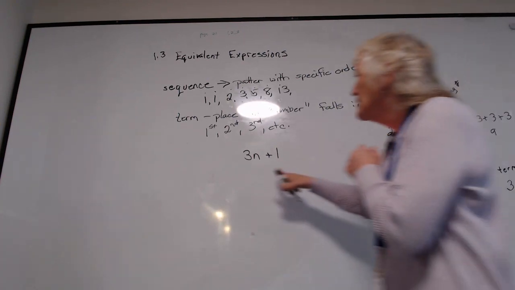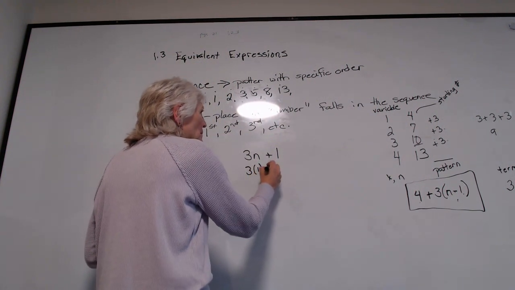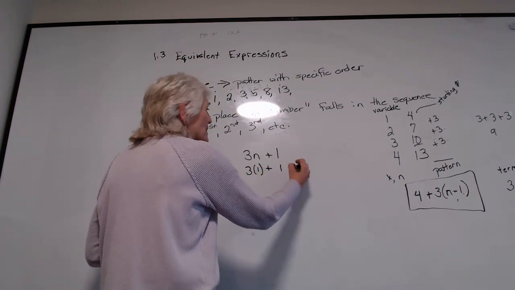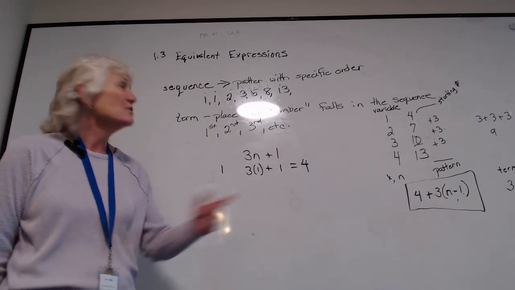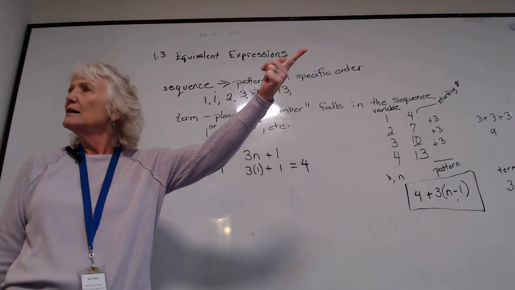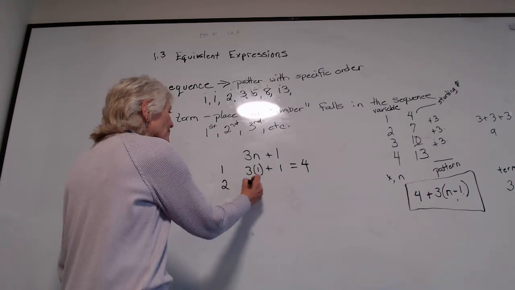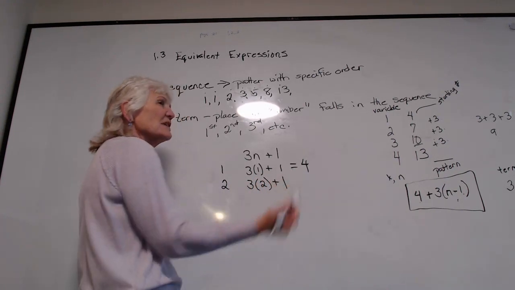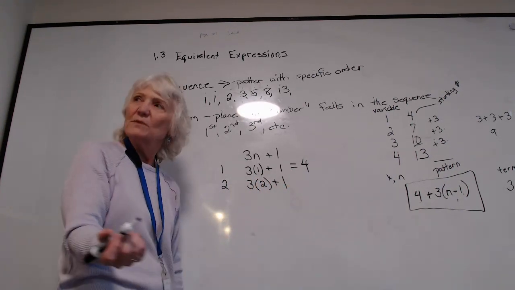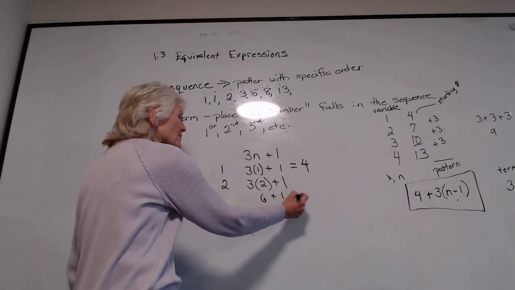Let's check. 3 times 1 plus 1 equals 4. So when it's 1, the first term should be 4. It is. Okay, let's check the second term. 3 times 2 plus 1 should be our second number of toothpicks. 3 times 2 is 6, plus 1 equals 7.